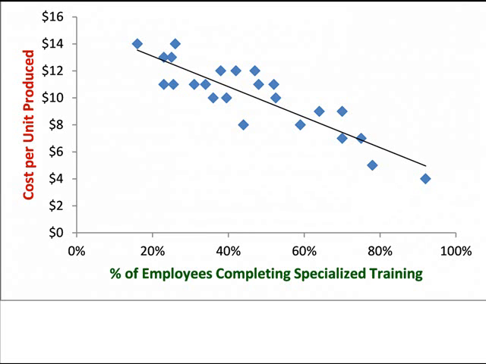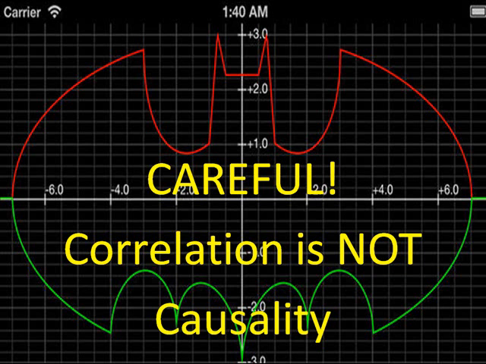What about a causation statement? You could then say, therefore, if you increase the amount of specialized training, then you will have a decrease in the cost of production. So we can then move away from just a description of the graph and start to move into what's causing what.